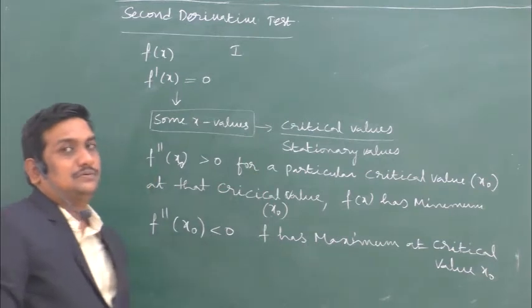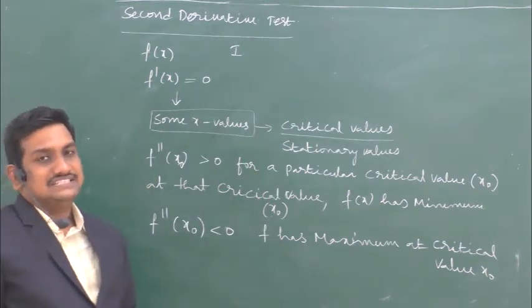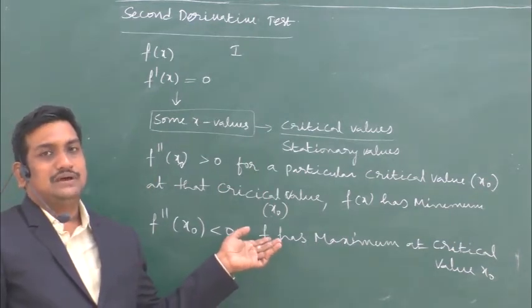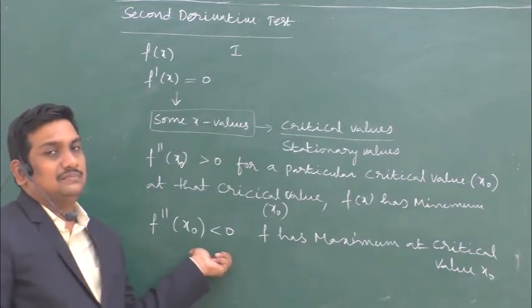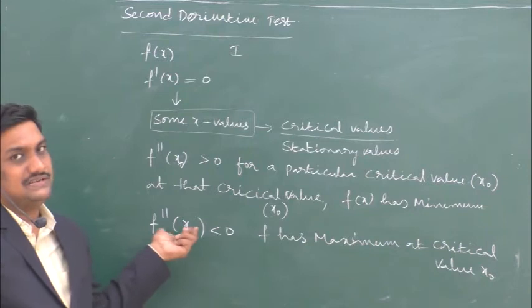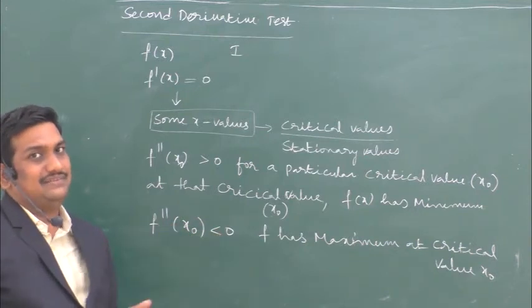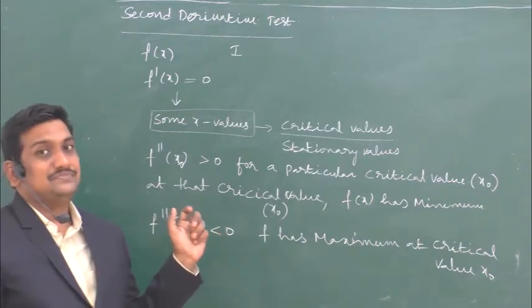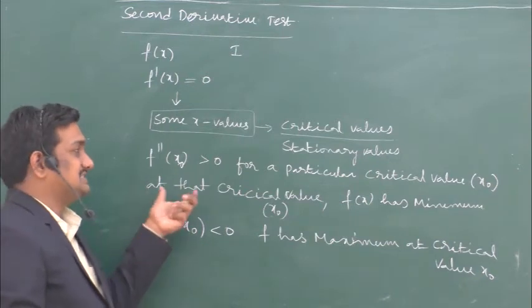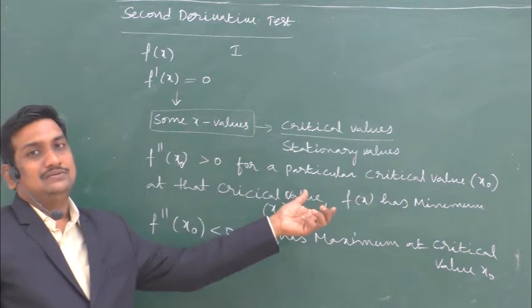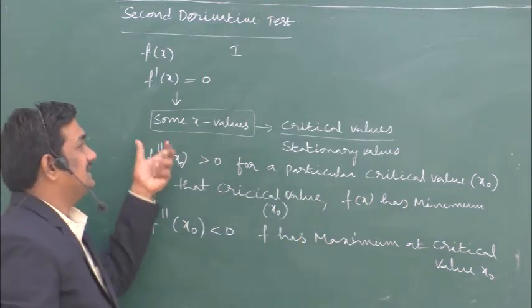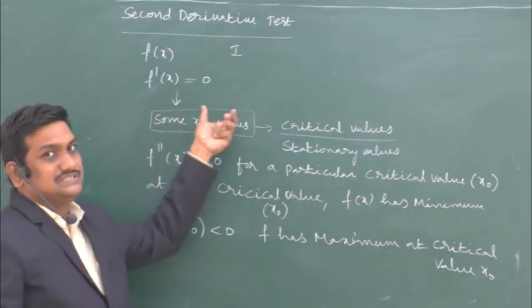So a function has a maximum at the critical value x naught if f double dash of x naught is negative, and the function has a minimum if f double dash of x naught is positive, where x naught is the critical value. The critical value can be obtained by equating the first derivative of the function to 0.